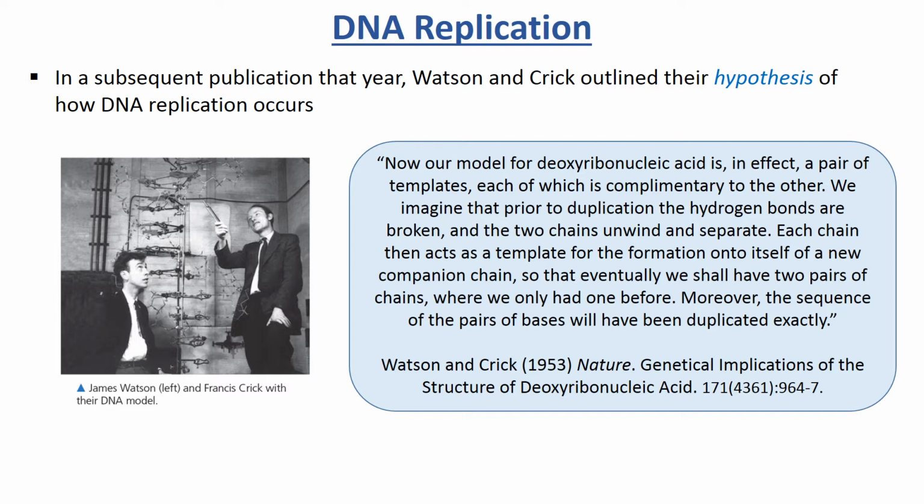Each chain then acts as a template for the formation onto itself of a new companion chain, so that eventually we shall have two pairs of chains, whereas we only had one before. Moreover, the sequence of the pairs of bases will have been duplicated exactly." And indeed, this hypothesis they outlined was proven to be correct.